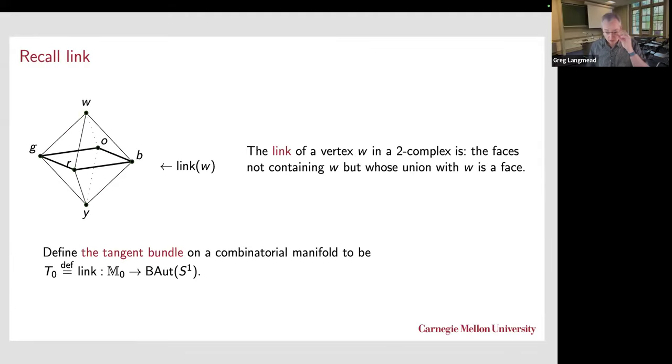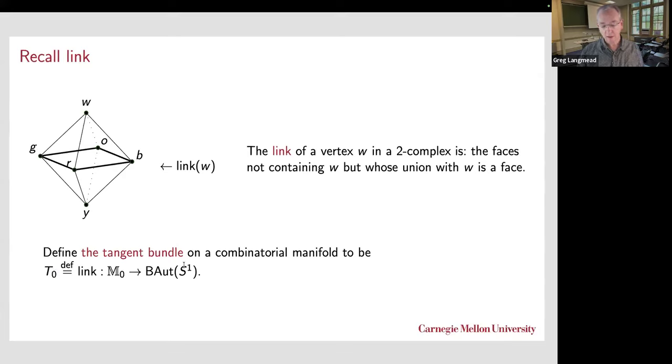Remember, we have the link. So the link of W in our octahedron is that equator, BRGO. And all the other vertices have a similar looking link. So we will define the tangent bundle on a combinatorial manifold to be the link. It only works so far on vertices. Each vertex goes to its link. So we'll call it T0.